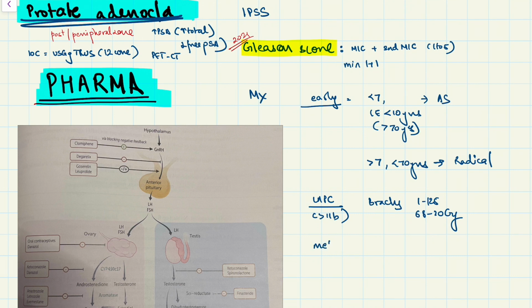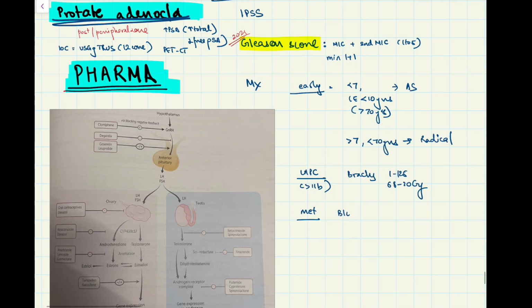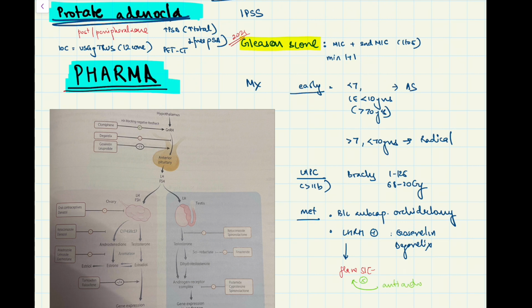For metastatic disease, either bilateral subcapsular orchidectomy is done, which is surgical castration, or medical castration is done using LHRH agonists like goserelin and degarelix. Since LHRH agonists are known to cause flare, the flare is decreased by adding anti-androgens like flutamide and abiraterone.